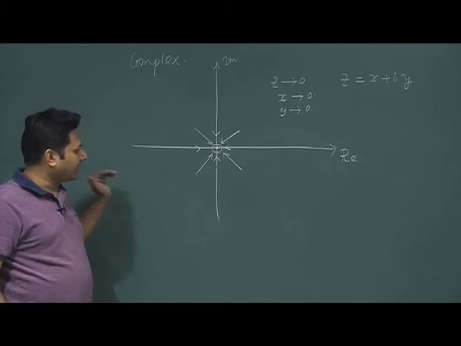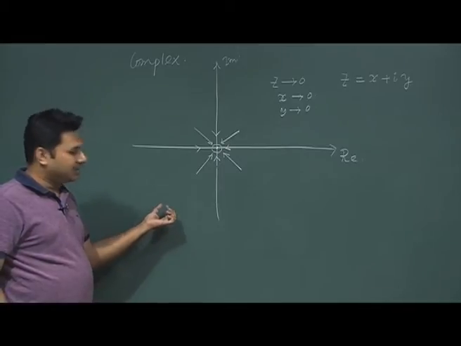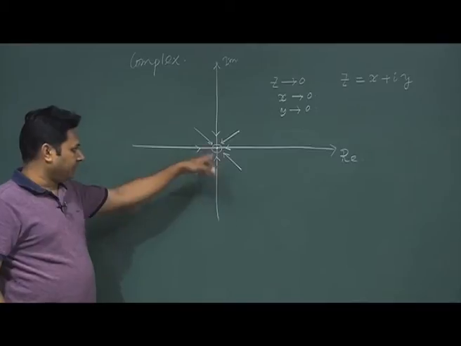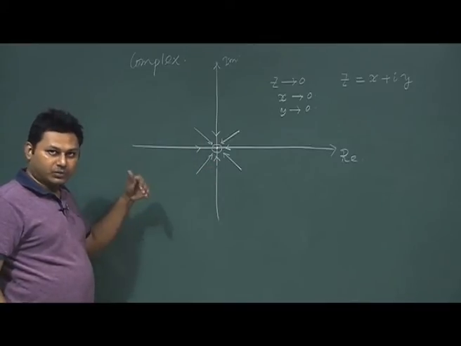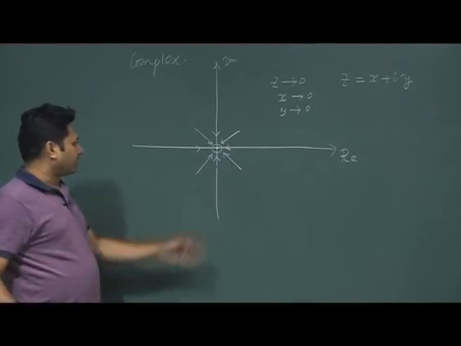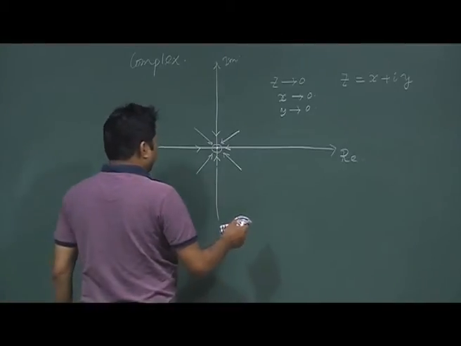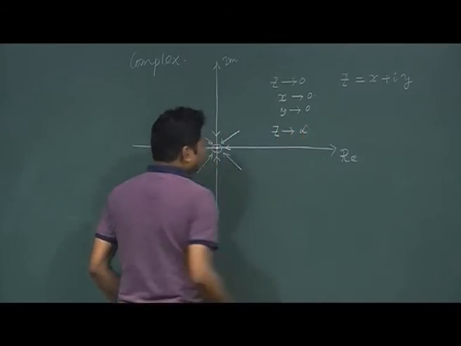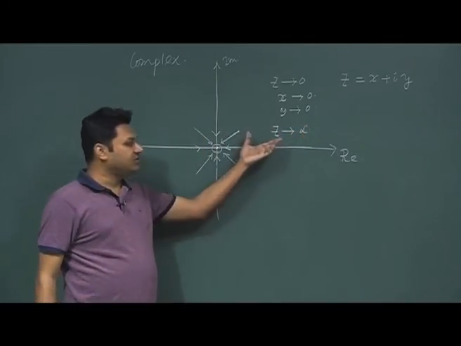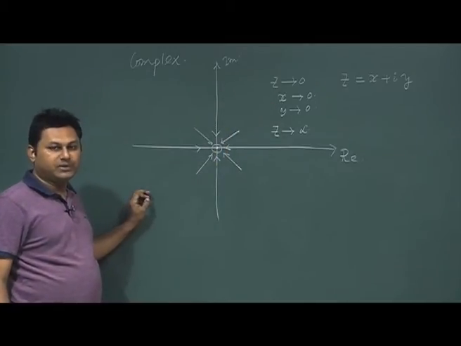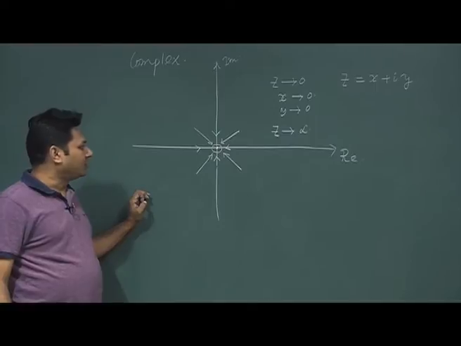In the real case, my approach to 0 is from two different directions, but here you have infinite ways to come to a particular point, which is 0 here for example. Now, if I say z tends to infinity, a similar problem appears. Which direction should I go when I say z tends to infinity? What should be the direction where I should go?